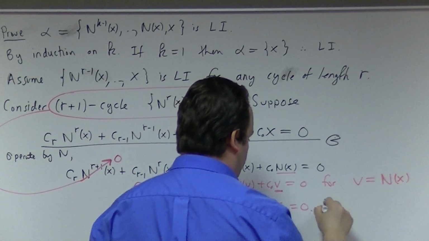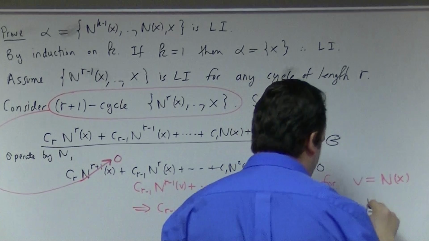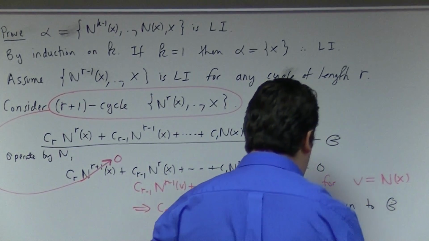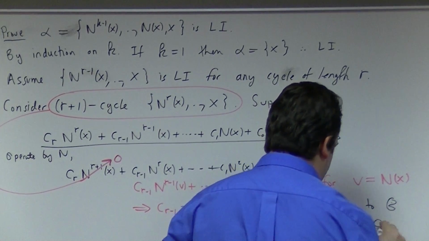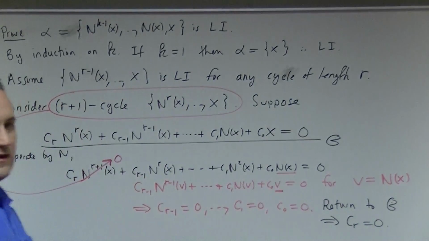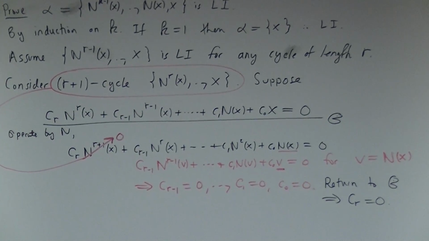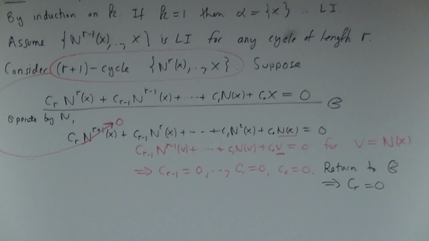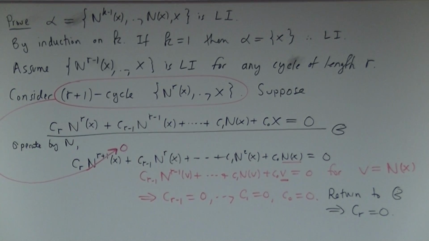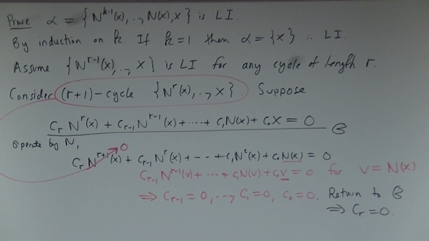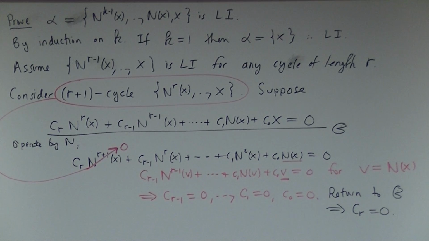Returning to Pac-Man, we get c sub r equal to 0. And hence by induction we're done, because we've just shown that an r plus 1 cycle is also linearly independent. So the cycle generated by x for a nilpotent mapping is linearly independent, which is nice.